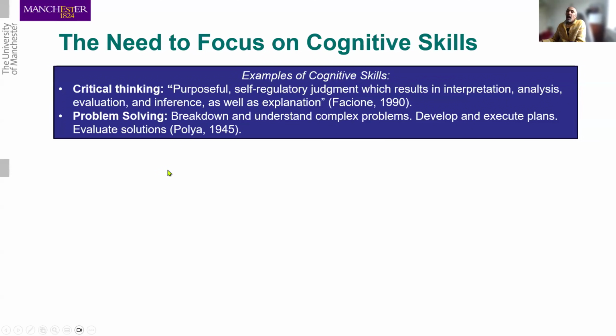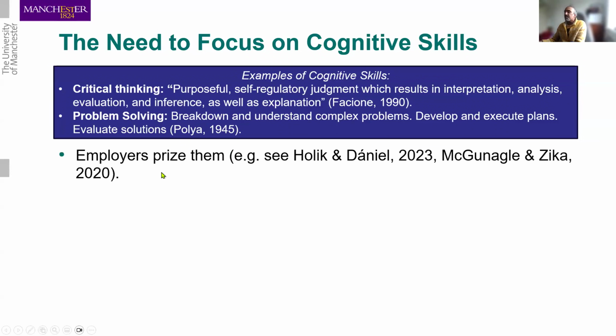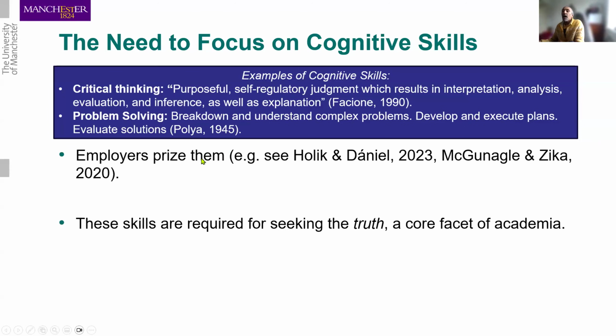We'll come to that. Anyway, it probably doesn't need me to say this, but it is important to develop these skills. It's important that our programs develop these skills because employers really do prize them. I've cited two bits of work here that put problem solving in particular as one of the most desirable skills for employers.